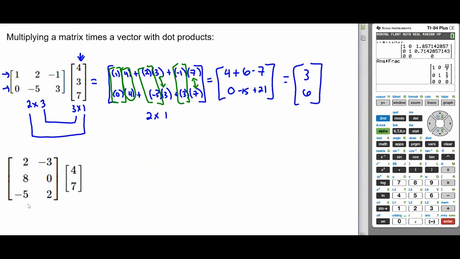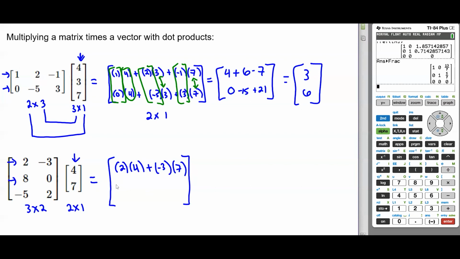So let's do the same thing with this one. This is a 3 by 2 times a 2 by 1. So that matches up, and we're going to get a 3 by 1. And we're going to go by row and column. First row of the matrix times the vector column. Dot product. 2 times 4 plus -3 times 7. Second row, 8 times 4, 0 times 7.